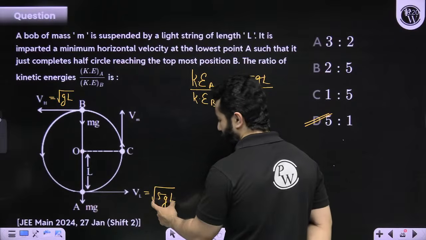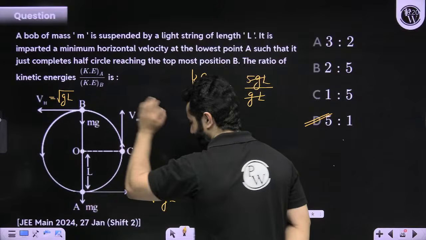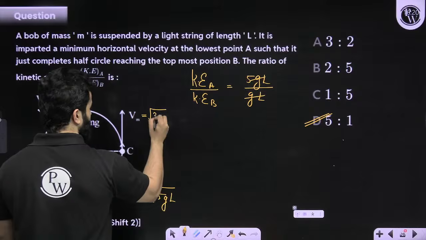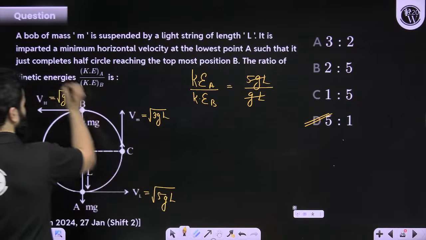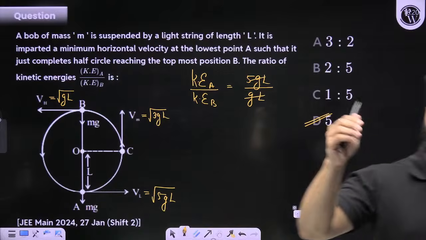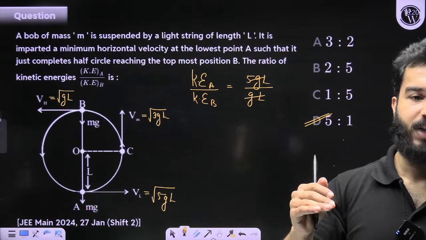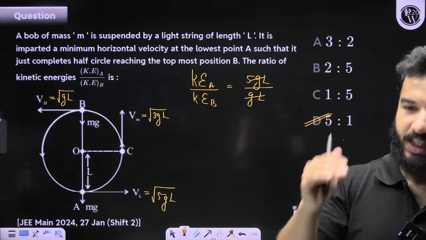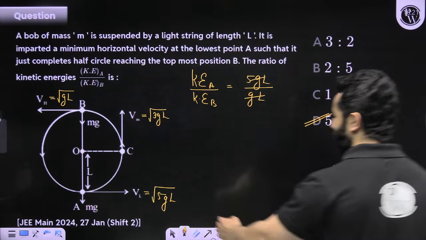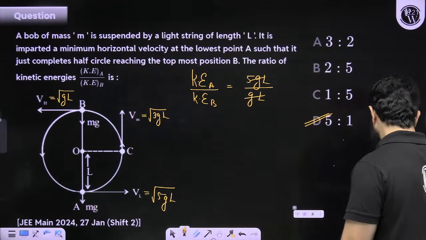If you give root 5 GL, then the particle will complete the circle. For this velocity, this becomes root 3 GL and this becomes root GL. Inside the root, we actually decrease the number by 2 values, so from 5 it becomes 3, from 3 it becomes 1.